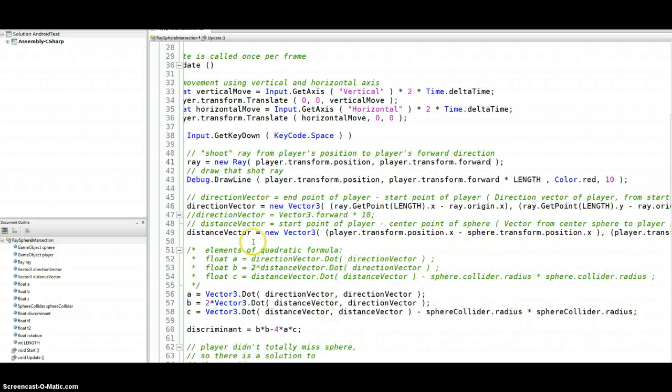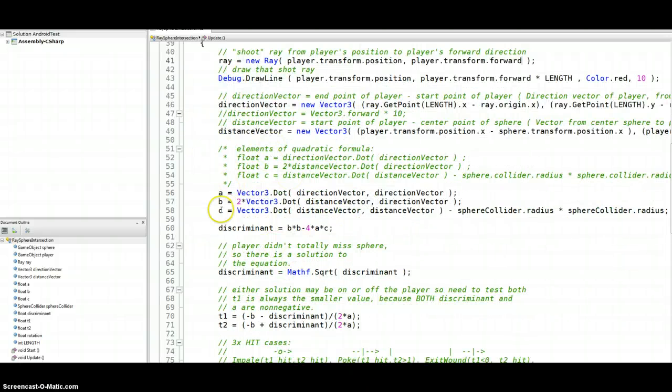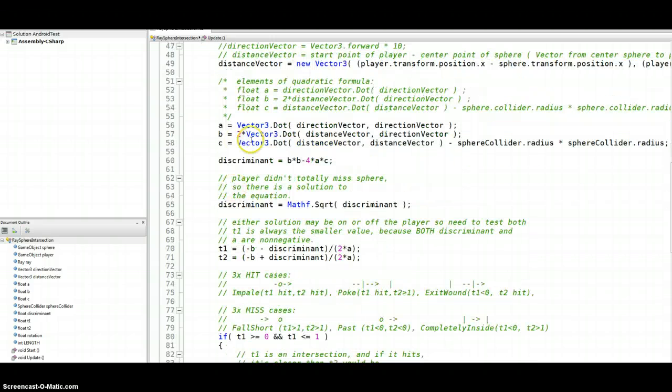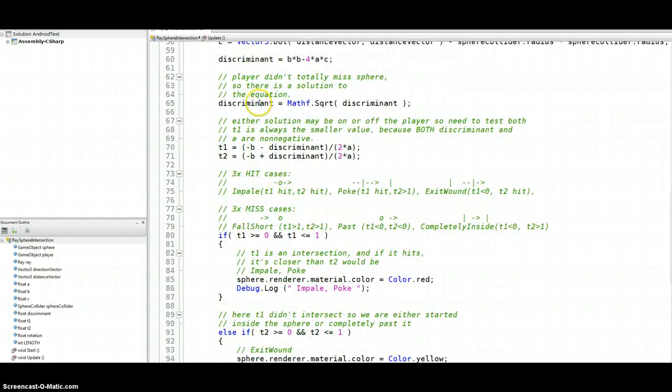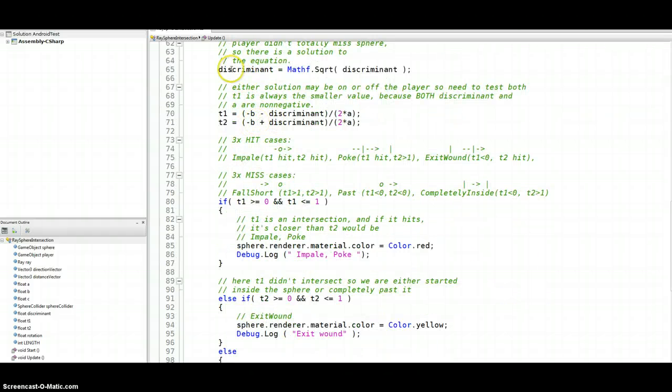And then there's a distance vector, which is calculated by the start point of the camera minus the center point of the sphere, also calculated for every axis. And here are the coefficients A, B, and C, and the discriminant, the same way as in the algorithm. This always calculates these because I want to show you the misses also.